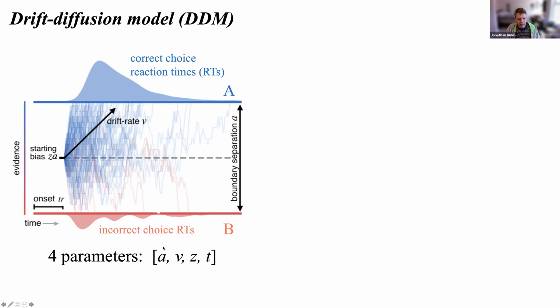So I'm focusing on 4 parameters here. There's a little inconsistency. We have a certain delay before we start collecting information. That corresponds to a mechanism to translate our reaction time distribution without changing its shape. And we can have a bias, drift rate, and this boundary separation. For the work I'm describing, we ended up using z times a as our bias.